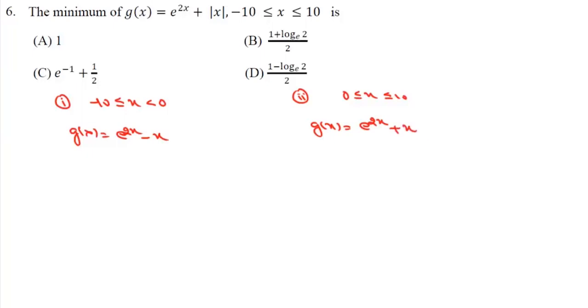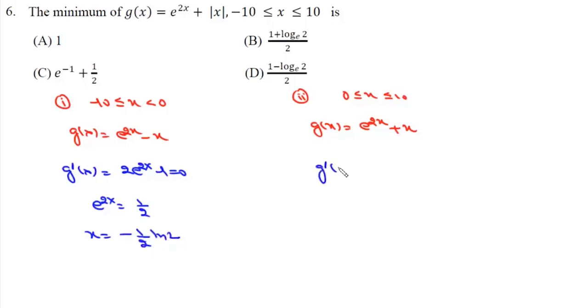Now we differentiate this, we'll get g'(x) as 2 into e to the power 2x minus 1, and if we put it equal to 0, we'll get e to the power 2x as 1 by 2, or x will be minus 1 by 2 log 2. And in this case g'(x) will be 2 into e to the power 2x plus 1, which is greater than 0.